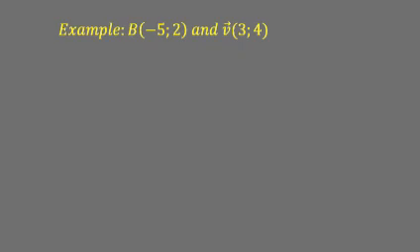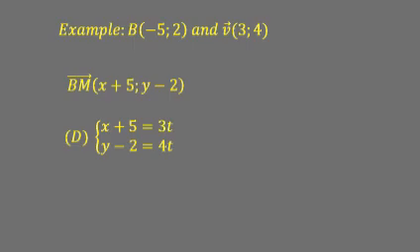We put any point M that has coordinates x and y and create the vector BM: xM minus xB, yM minus yB. So it's x plus 5, y minus 2, and then BM equals t v. So x plus 5 equals 3t, y minus 2 equals 4t, and you order them this way. This is the parametric equation.